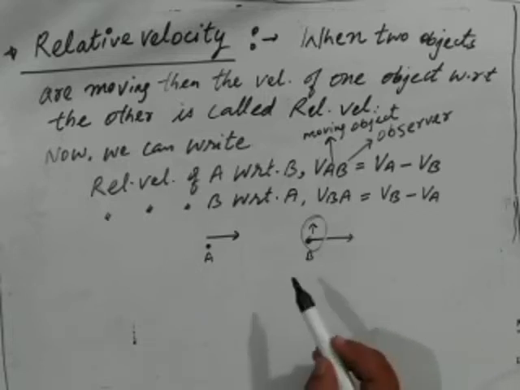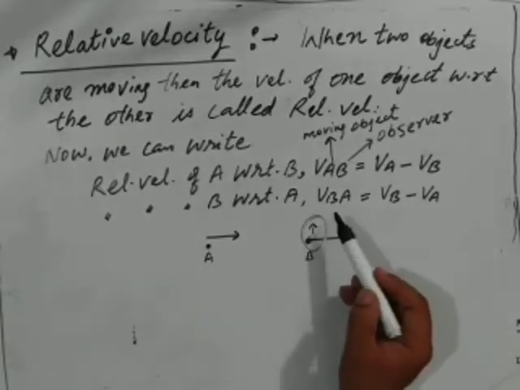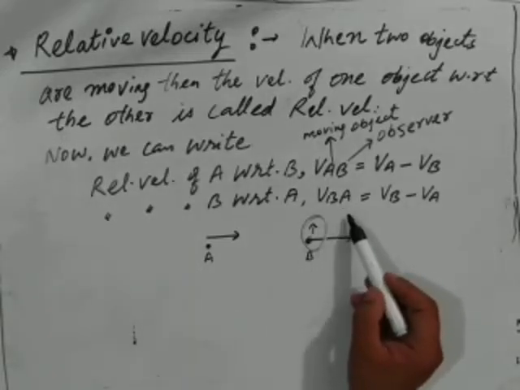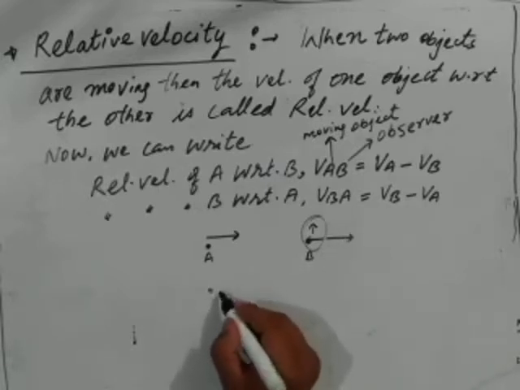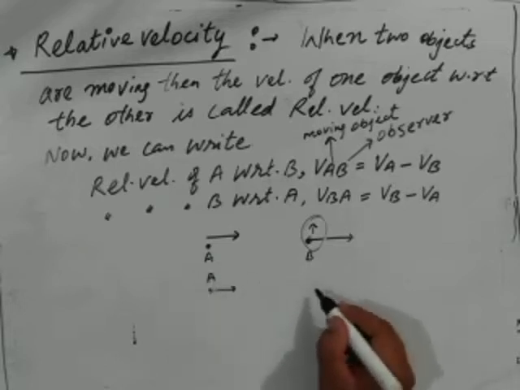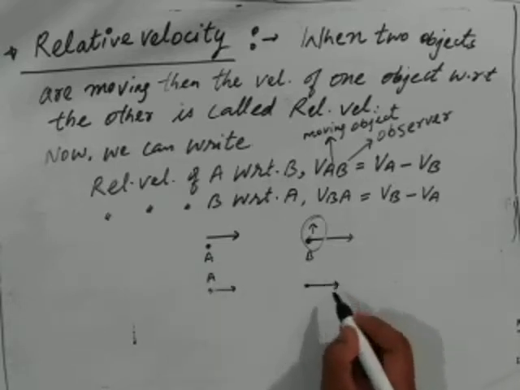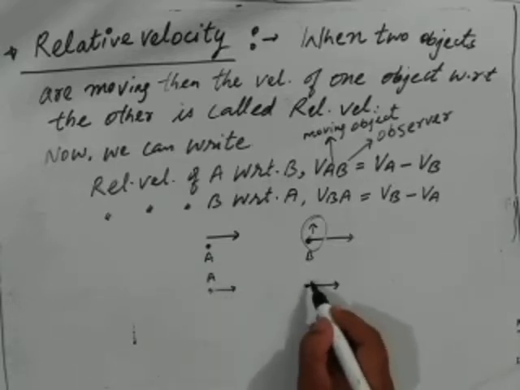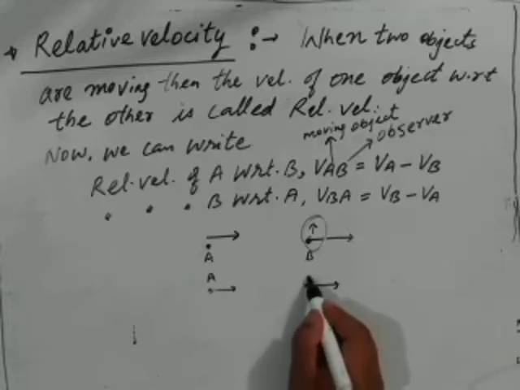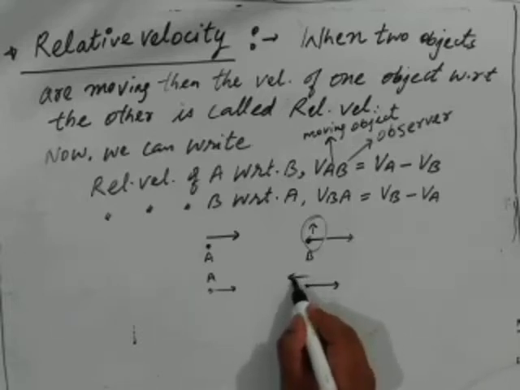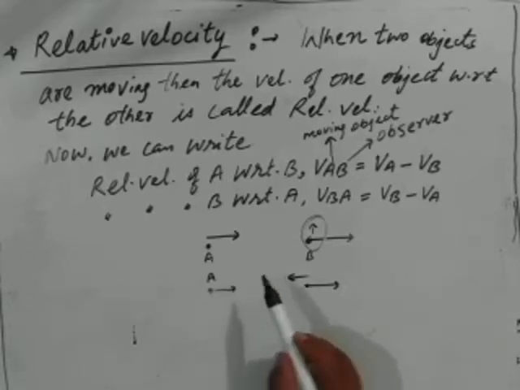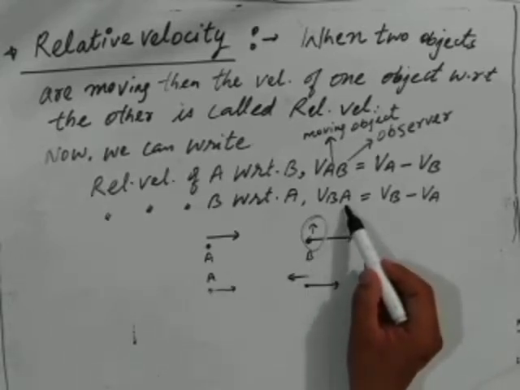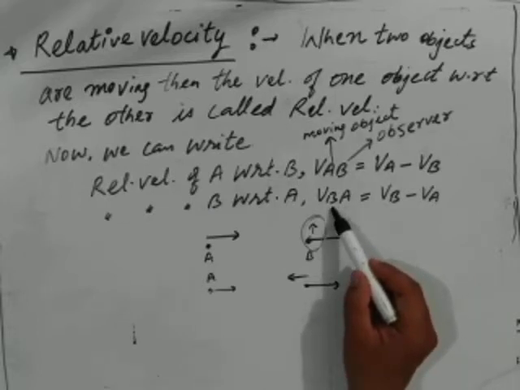In the second case, when we calculate velocity of B with respect to A, the person sitting on this bus will observe that this bus is coming towards A. Hence, this A is said to be stationary and B is moving.